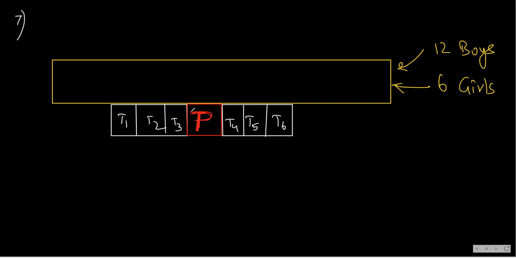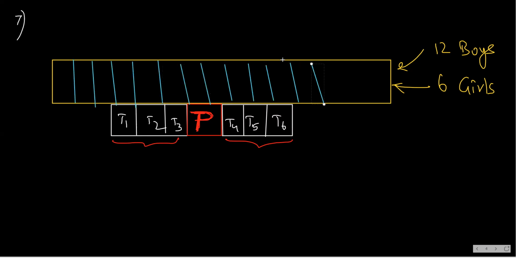That is 3 on the left of principal, 3 on the right of principal. And then 18 students are there, of which 12 are boys and 6 girls. Got that?